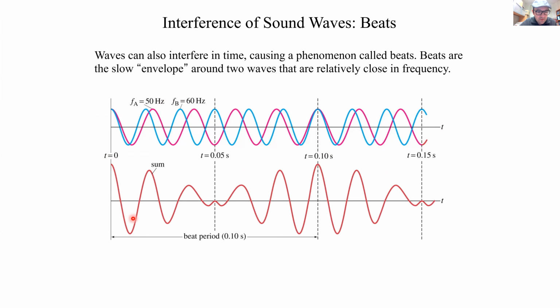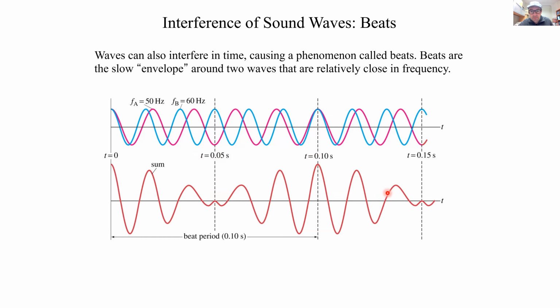And so that constructive interference decreases until you get to here, where there's perfect destructive interference, because this peak of this blue one aligns with the trough of the red one. So you get no signal there. You don't hear anything. And then as time proceeds, remember this is time, not space, the waves shift again until you get to here, and here you have perfect constructive interference because the waves are perfectly aligned at that point in time.